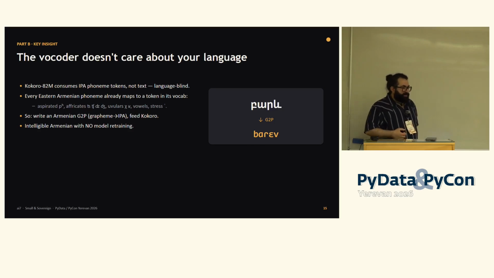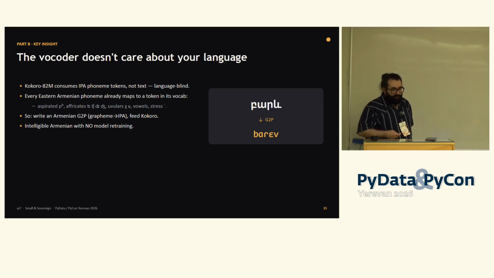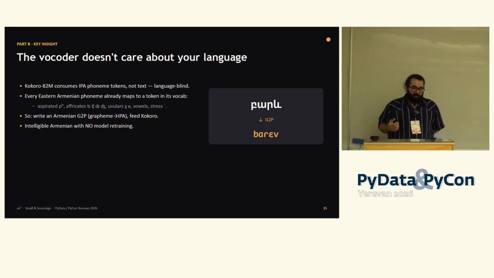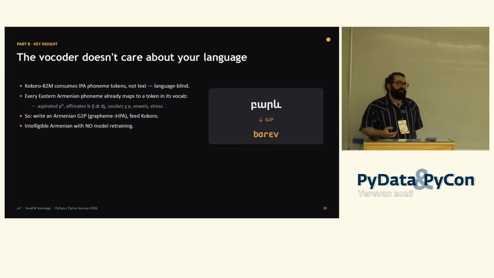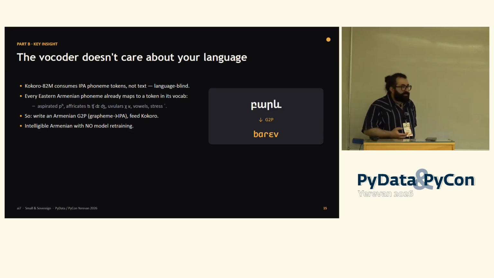For this, I think most of you should have heard about Kokoro, which is an 82 million parameter model, and it just understands phoneme tokens, and it's language blind, so it doesn't care what language it is. This was a good choice among all other models because it doesn't care about what system the language uses. It's language agnostic.